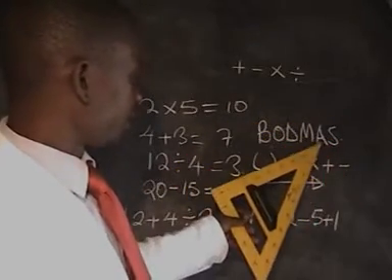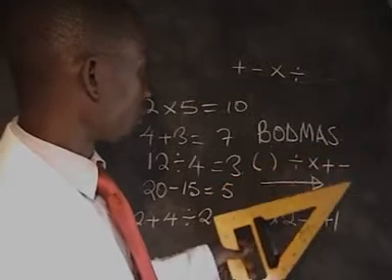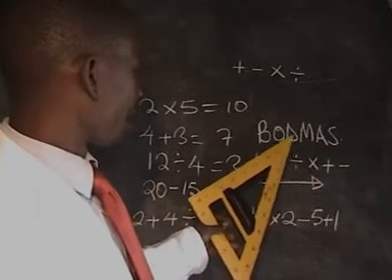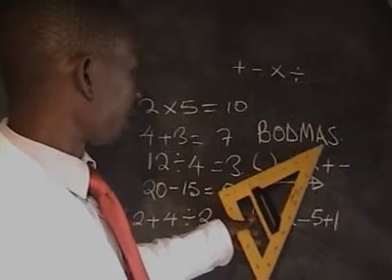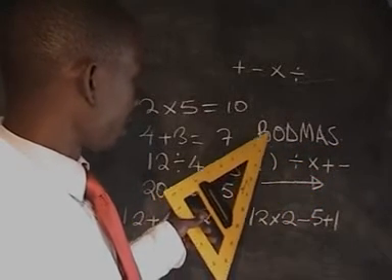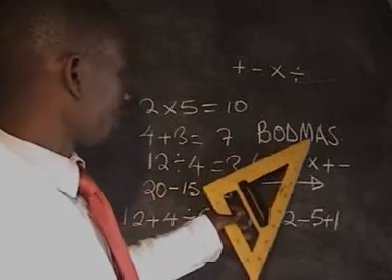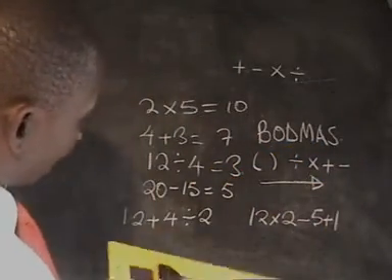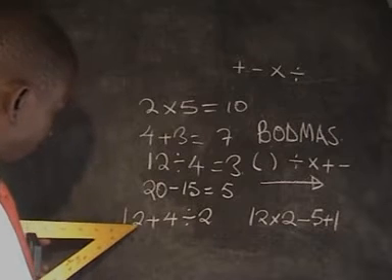So what it is that addition is done before subtraction, multiplication is done before addition and subtraction, and division is done before multiplication, addition and subtraction, of which, if you have brackets, you have to treat the brackets before division, multiplication, addition and subtraction, like that.